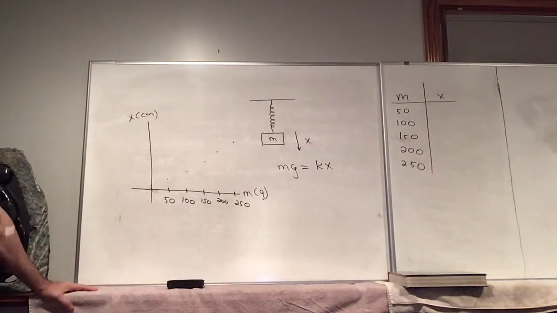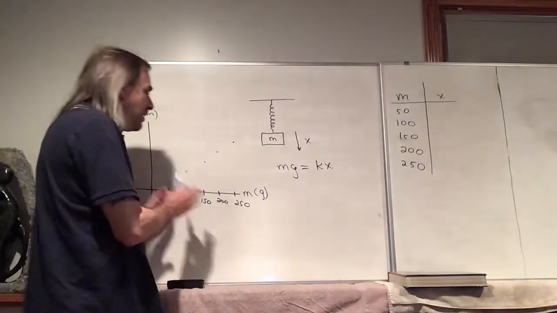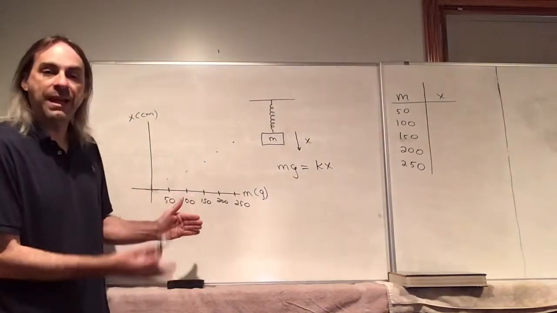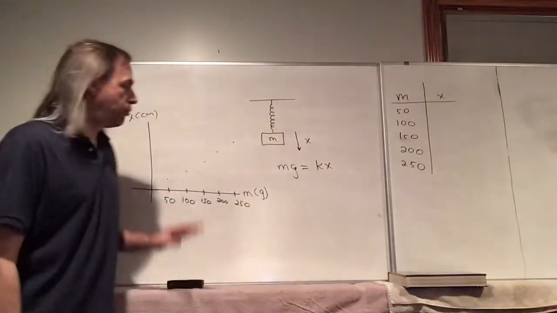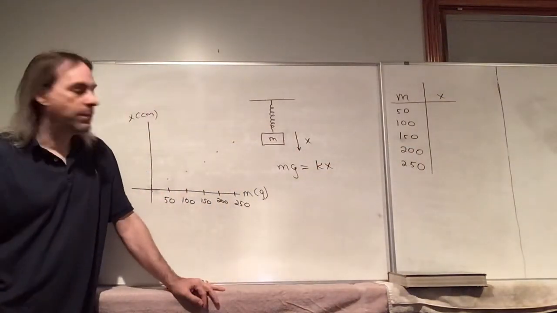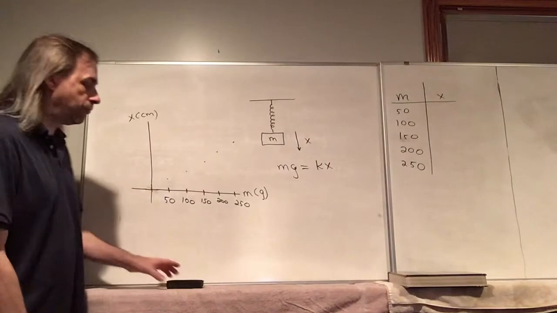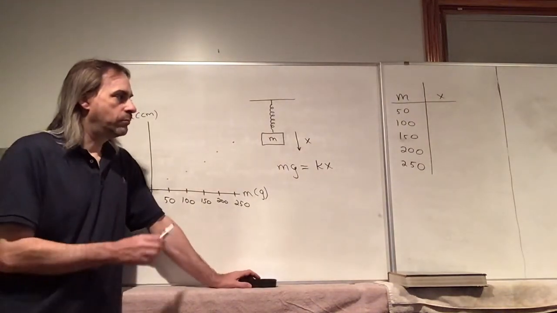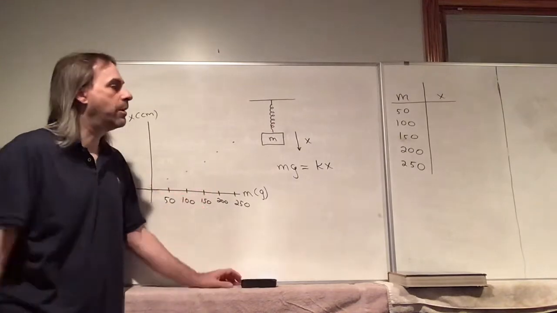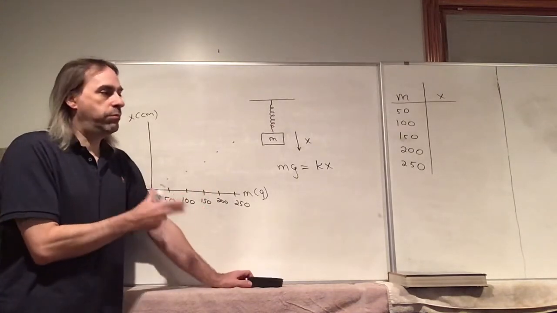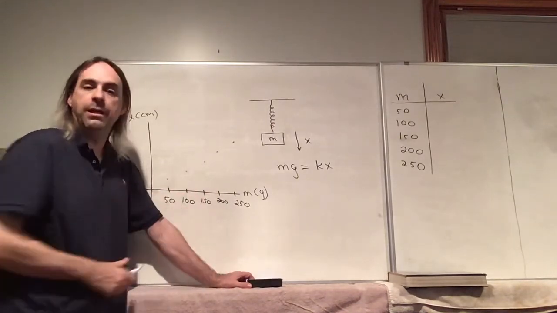And then what we want to do is, we're going to do this on a computer. We have our data, so we can have this table and actually plot this data. I think I will make a separate video, doing a screen record, using a spreadsheet to plot this data.